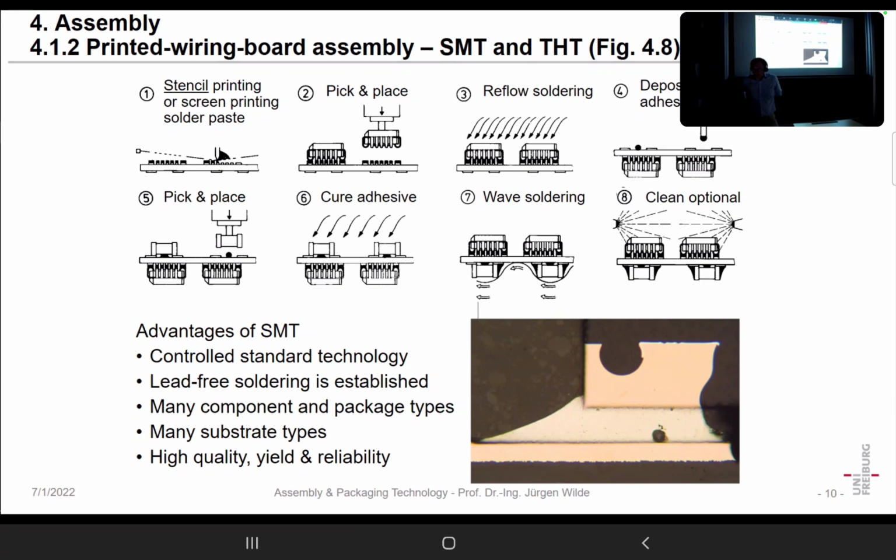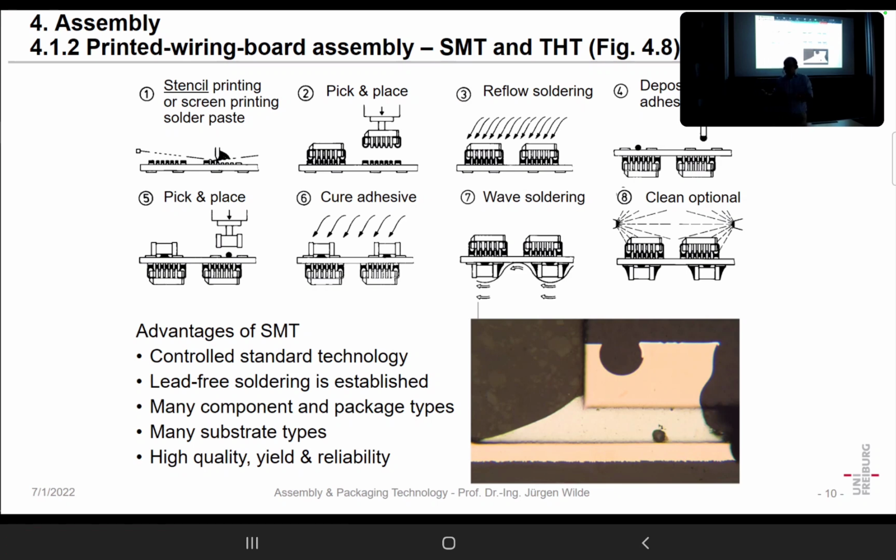process of surface mount technology. And the main question is, how do we get devices on a printed wiring board? Yesterday I was visiting a company which does such services, which is also called contract manufacturing.